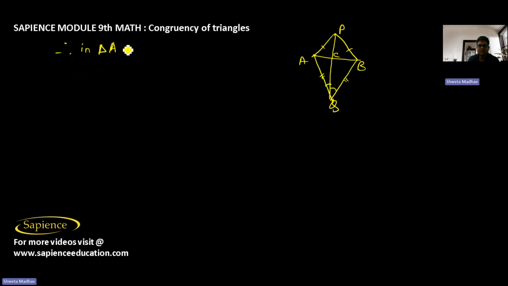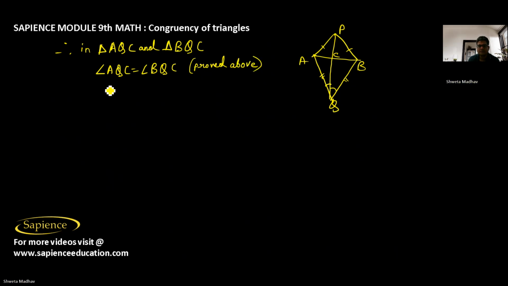So now in triangle AQC and triangle BQC, angle AQC is equal to angle BQC, which is proved above. And CQ is the common side, and AQ equal to BQ, which is given.